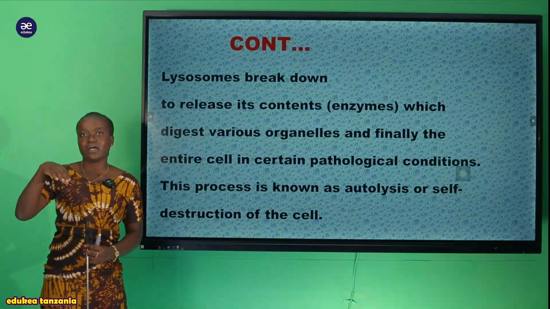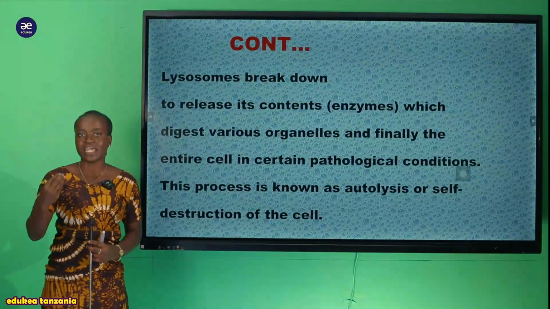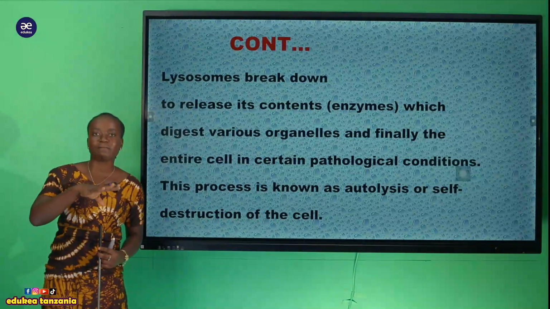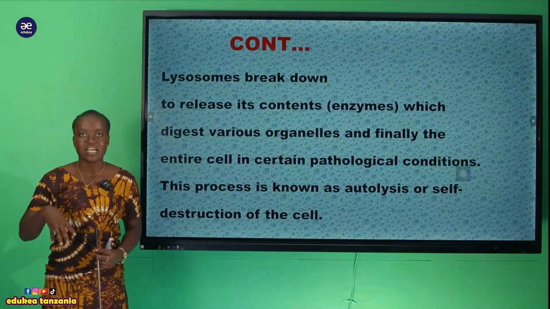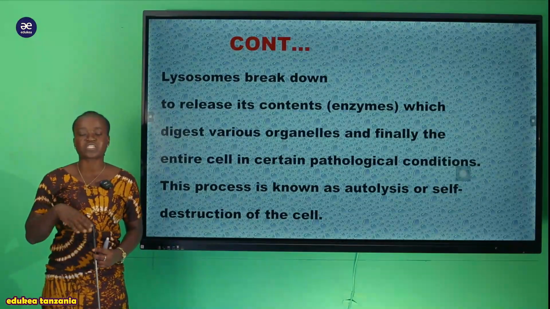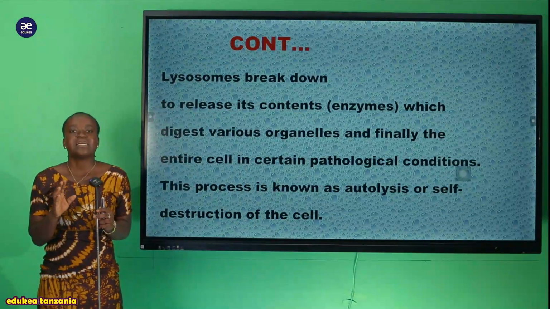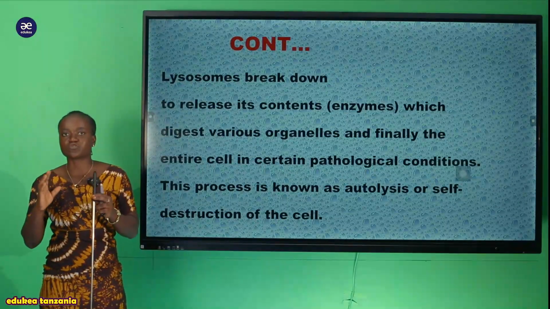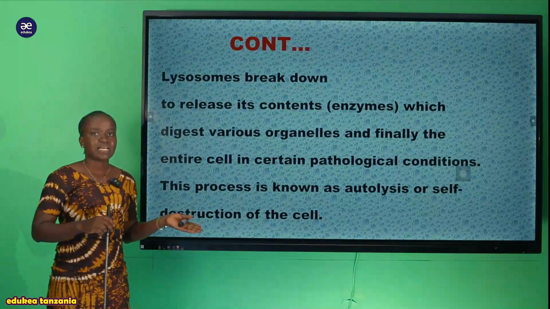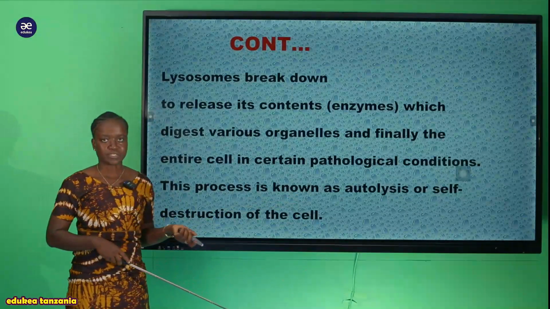Because the same cell, it releases its content, that are the enzymes. So zile enzyme ndizo ambazo zitaenda kudigest all of the cellular organelle, all of the cellular components which are found within the cell. Na ndio maana tunaitema as destruction, or we can call it self digestion, and that is the meaning of autolysis.